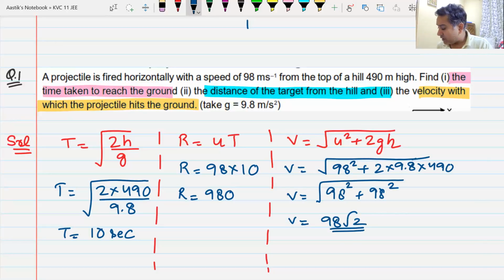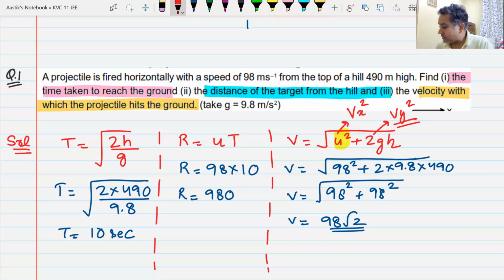Or you could have found out, see, this point is your velocity x component squared. This point is your velocity y component squared. You can find the velocity y component as g into t. That is easy. g is 9.8, t is 10.